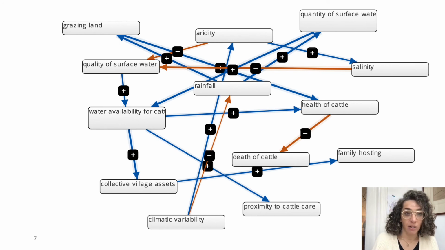If we look at water availability for cattle on the left side of the FCM, you see a positive blue arrow going towards the proximity to cattle care. So if water availability increases, then the proximity to cattle care increases. And this is according to a sort of complex situation that in this case the respondent was analyzing.